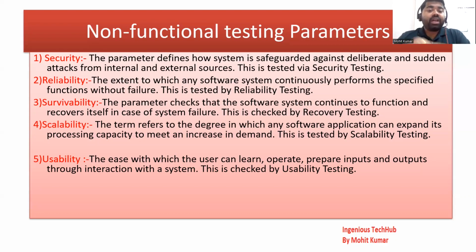This is tested by reliability testing. In the last video we have already discussed what is reliability testing. Survivability, the parameter checks that the software system continues to function and recovers itself in the case of system failure. It is checked by recovery testing.